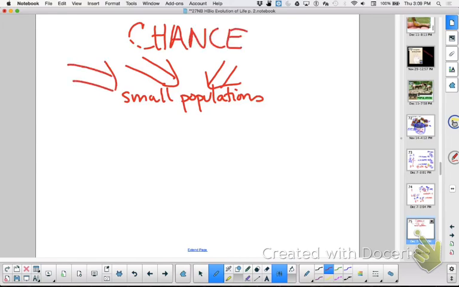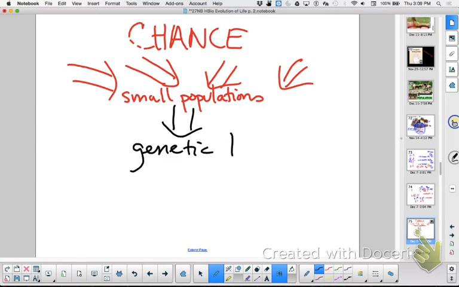Chance impacts small populations more than large populations. We said there were 2 types, and when chance does that to small populations, that's called genetic drift. There were 2 types of genetic drift. Do you remember what they were? Founder's effect. Yeah.